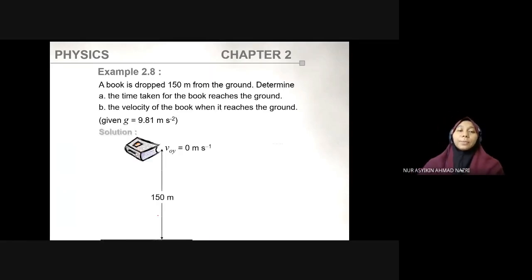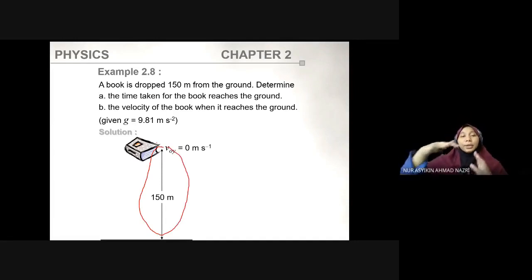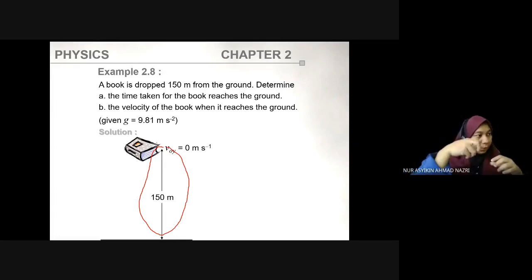Alright, for this problem. Again, always remember to picture your problem first before you start to answer the question. The problem: a book is dropped 150 meter from the ground. Okay, so tinggi dia 150. Dia drop dari this point. Okay, again, bila dia dari maximum height, we don't need to give any velocity pun.